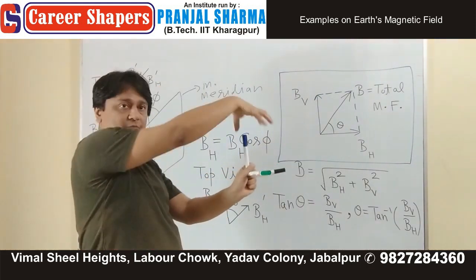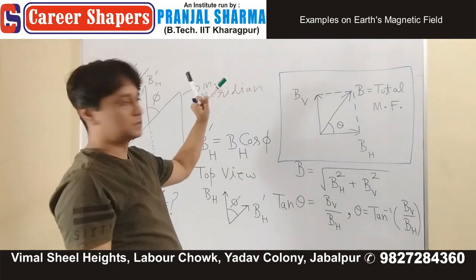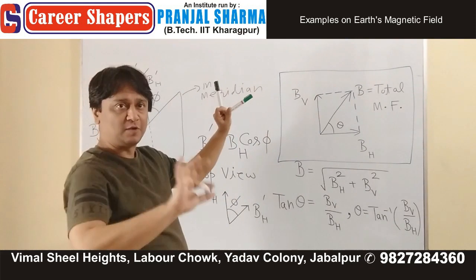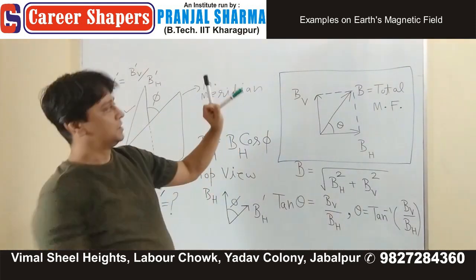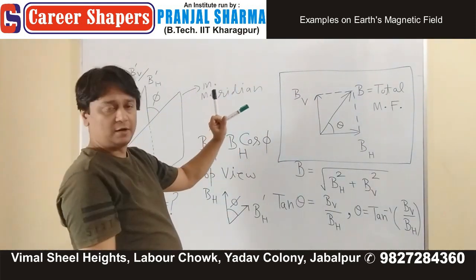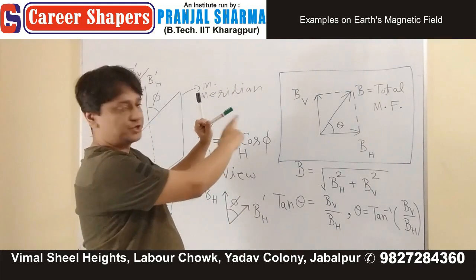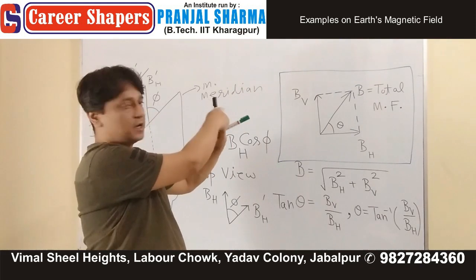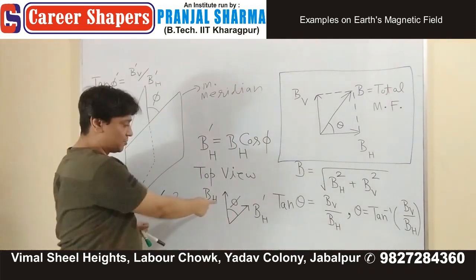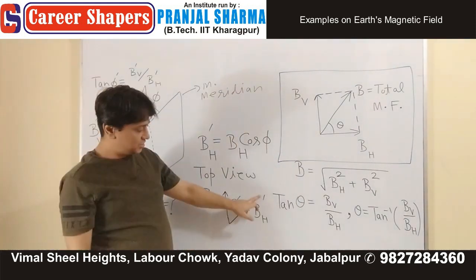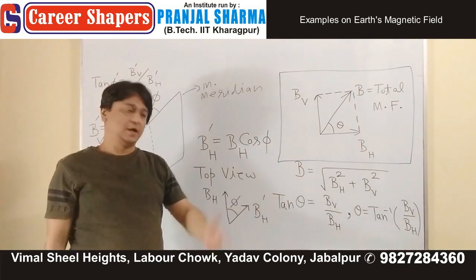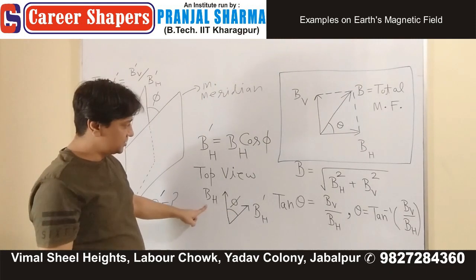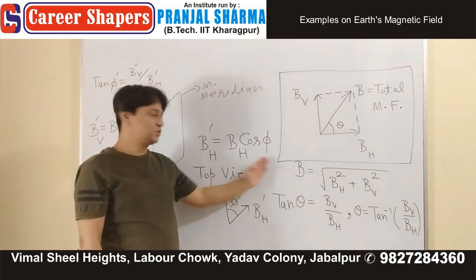If I draw the top view, it will look like this. Forget about the vertical component for the time being. This is the horizontal component, and this is BH dash. This angle is phi. That's what I have drawn. So what is BH dash? It is the cos component of BH. That gives you BH cos phi.